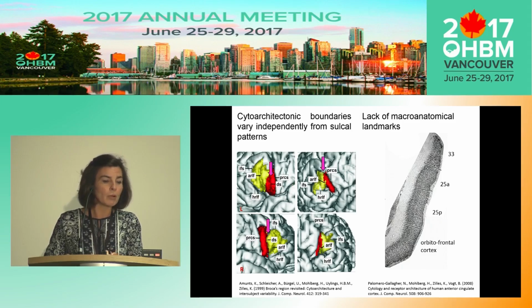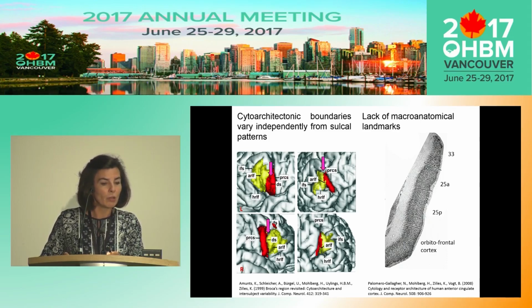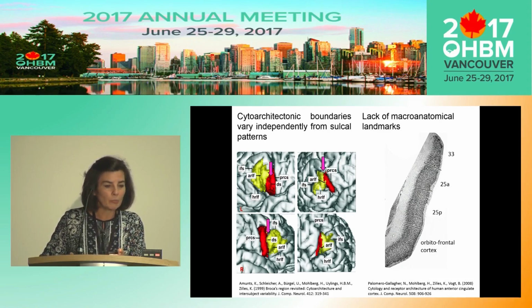Red codes for area 44, as you can see on the surface of the hemisphere, and yellow codes for area 45. This pink arrow highlights the position of the diagonal sulcus. You can see that in this top left example, the diagonal sulcus is located within Brodmann's area 44.